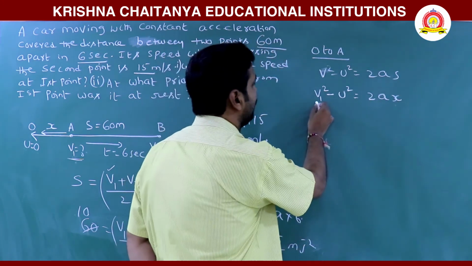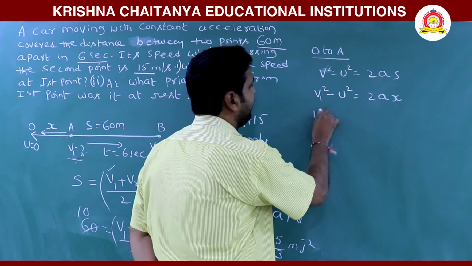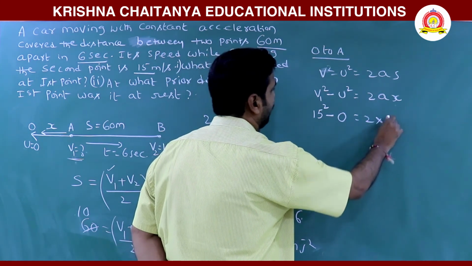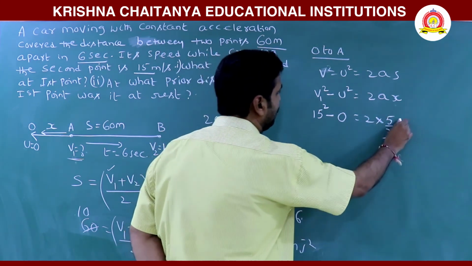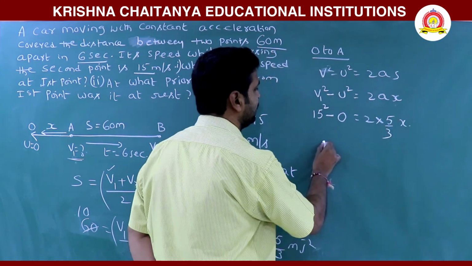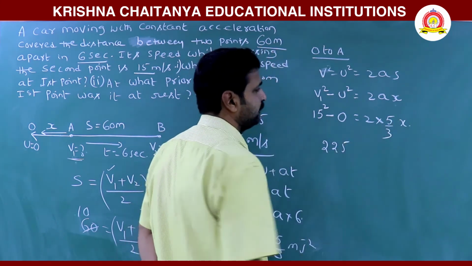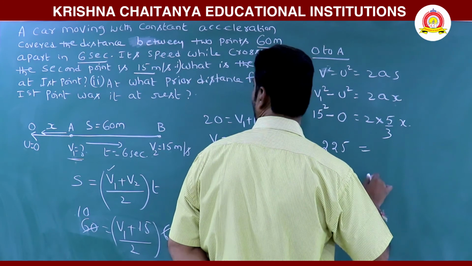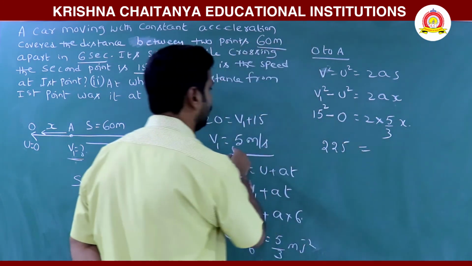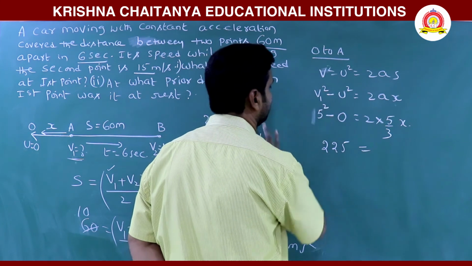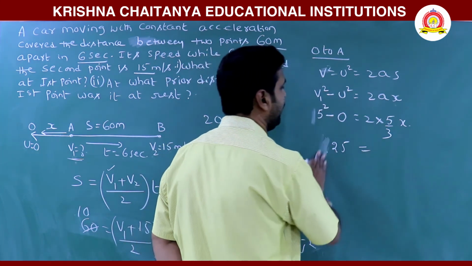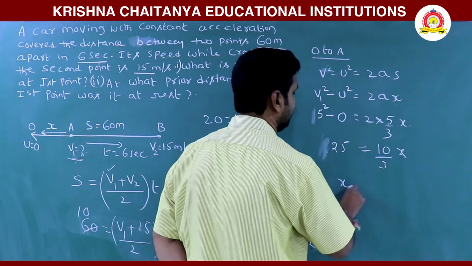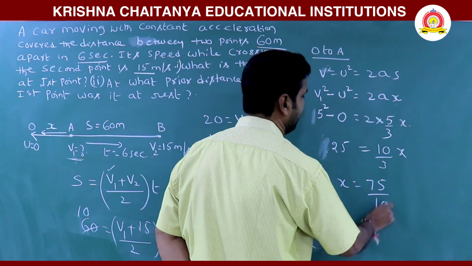Now here v1 we obtained as 5, so 5 squared is equal to 25, u is 0, 2a is 2 into 5 by 3 into x. So 25 is equal to 10 by 3 x. Now x is 75 by 10, which is 7.5 meters.